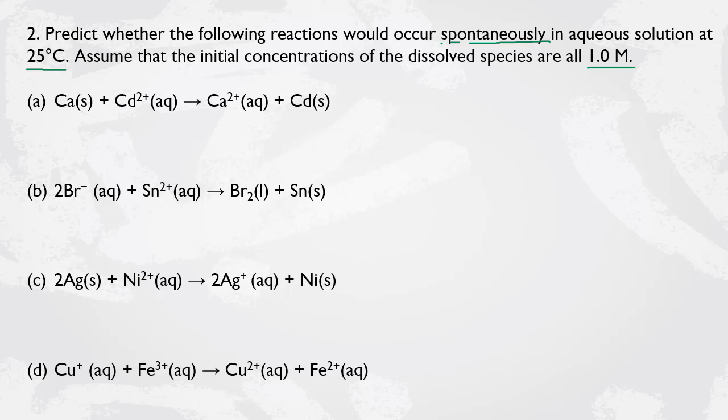Given to you are 4 balanced reactions that involve oxidation and reduction in a chemical cell. We're going to use a green pen to indicate the oxidation process, and a blue pen to indicate the reduction process. We'll start with 2A, where we have calcium becoming calcium 2+.